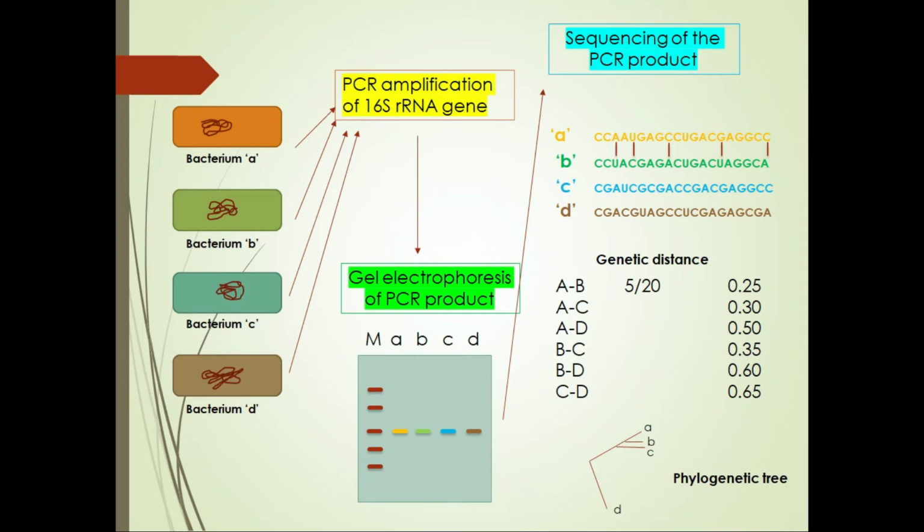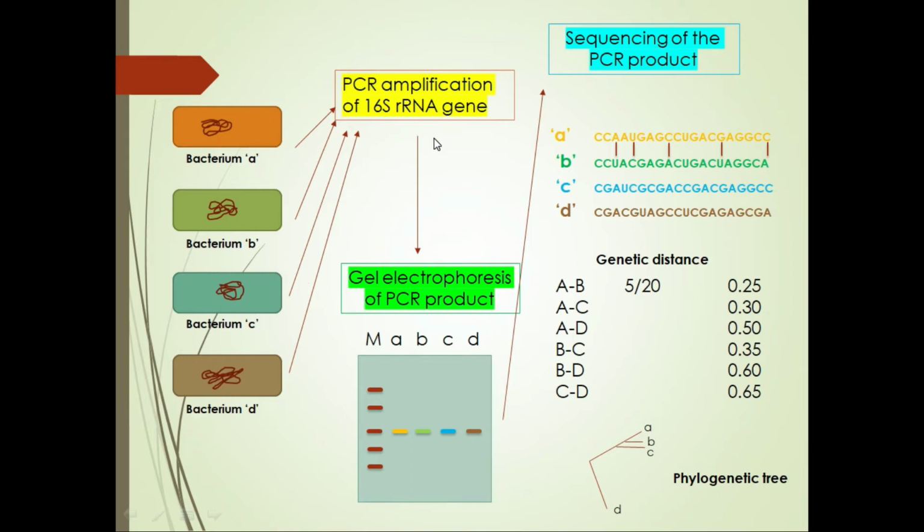Say here on the left-hand side we have 4 bacteria, bacterium A, B, C and D. What we do is we amplify the 16S ribosomal RNA gene from all these 4 bacteria separately using specific primers. So it is a PCR technique. Using specific primers, we amplify the gene which codes for 16S ribosomal RNA of each bacterium.